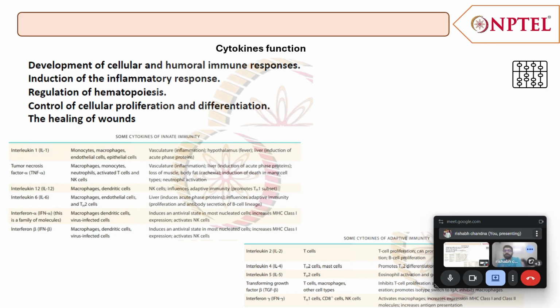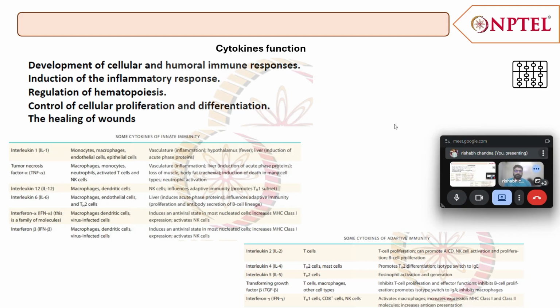So now we'll discuss some of the cytokines and what their main functions are in an immune response. The main functions of the cytokines are development of cellular and humoral immune responses.